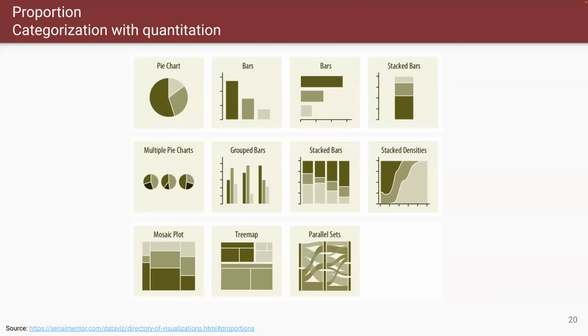So if you have the information about quantitation and categorization together, then you can use different types of plots, like, as we discussed, bar plots with different orientations, grouped bar plots, stacked bar plots, stacked density, or mosaic plots, or you can use the parallel sets, like if you have the time series, and then you can use the flow of the quantity between groups, right? So you can use all of that information.